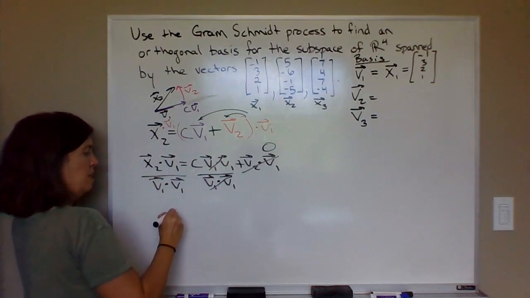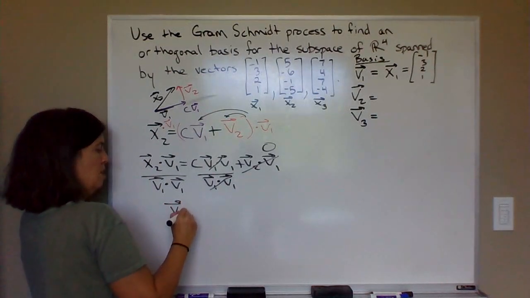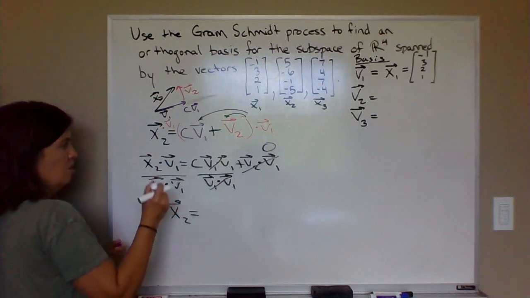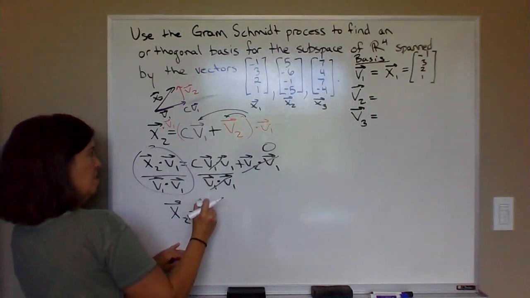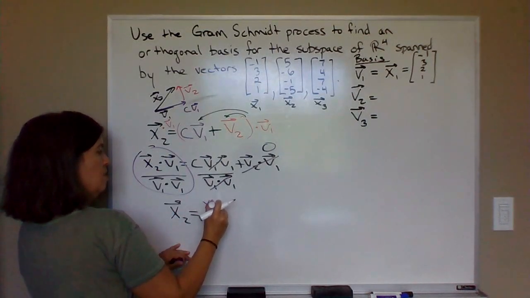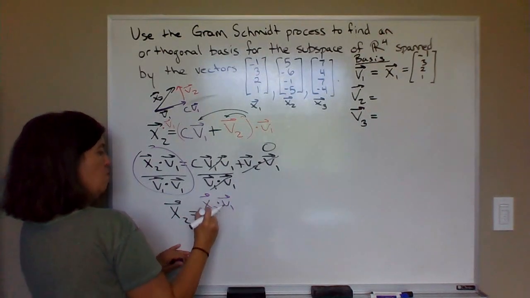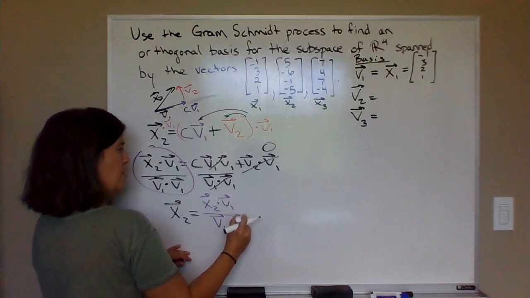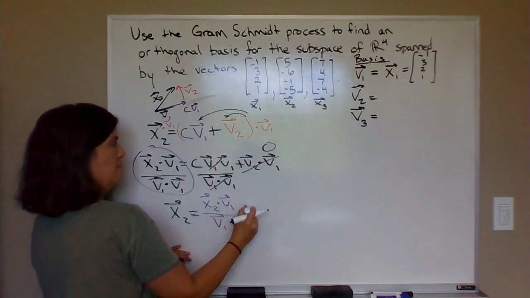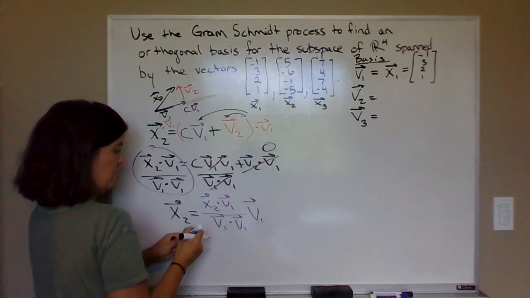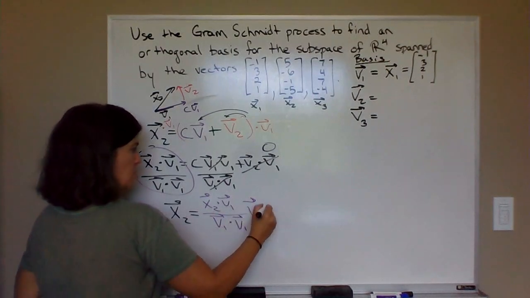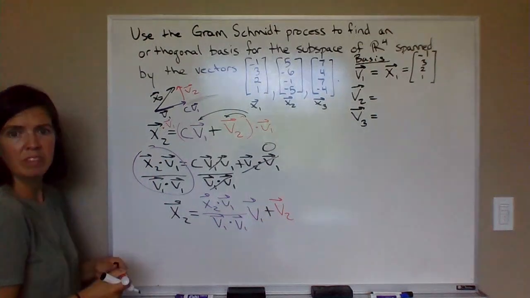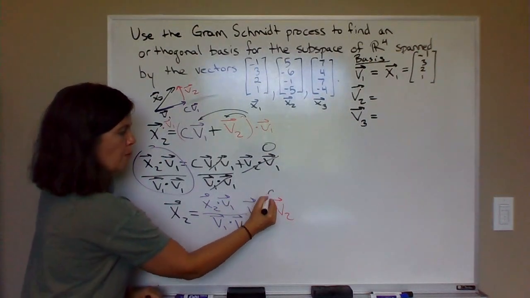And so that means x2 can be written as c, which is x2 dot v1 over v1 dot v1, times v1, plus v2. Now remember, what we're really after is v2.